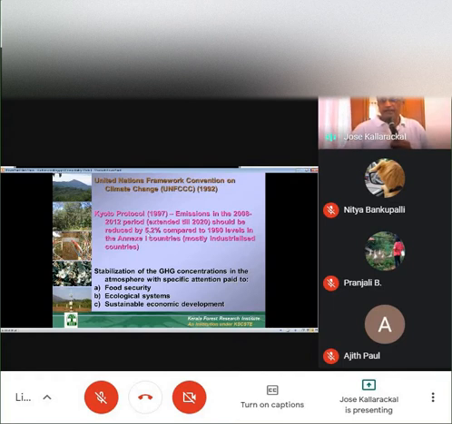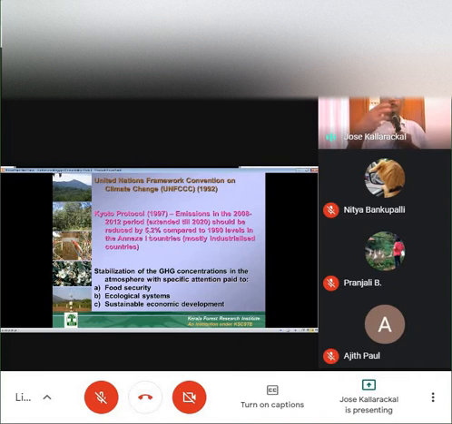I hope you understand it well. So they are bound to follow the UN directions according to Kyoto Protocol. That is a 5.2% reduction. And they are doing it now.